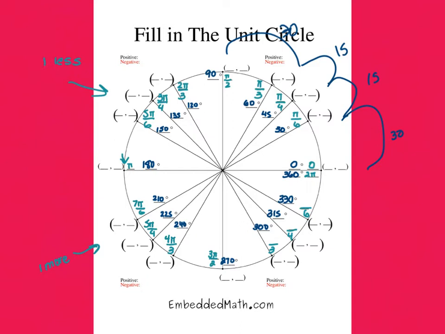And then in the fourth quadrant, it is 1 less than double, because that's what would make it 2. Or you can memorize the pattern of 5, 7, 11. 5 pi over 3, 7 pi over 4, 11 pi over 6.